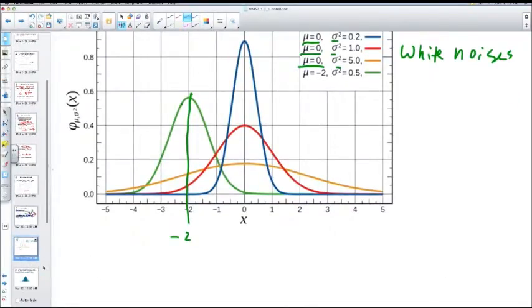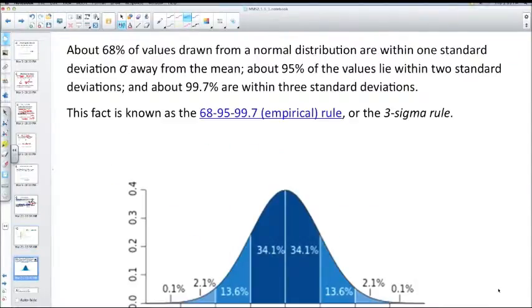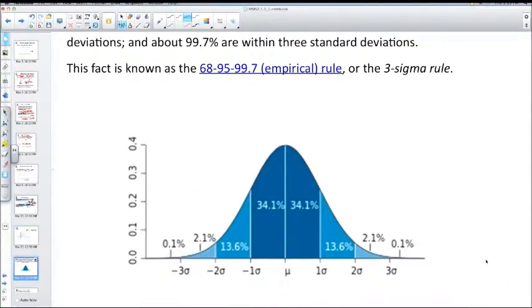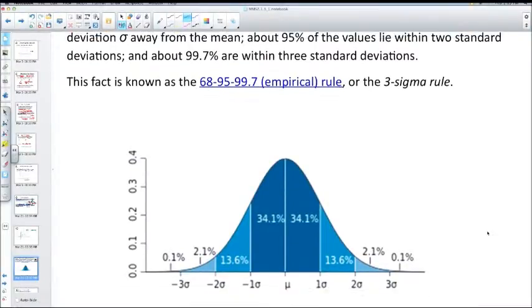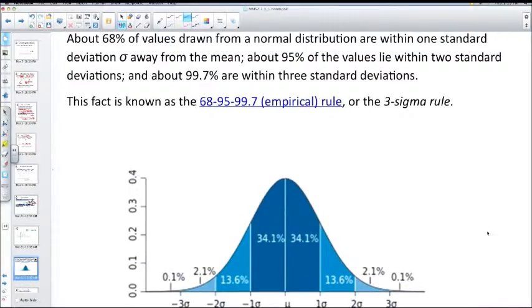Let's look at the third concept about this standard deviation. To describe where you stand compared to your peers, sometimes we can say you are on average.